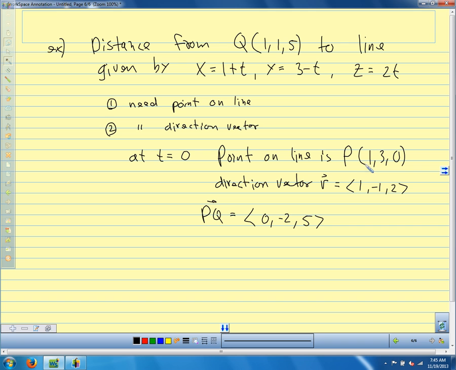I'm just finding the vector from P to Q. And then we're going to form our cross product with PQ and V. So PQ cross V. Write out my determinant here, i, j, k, then 0, -2, 5, and 1, -1, 2.